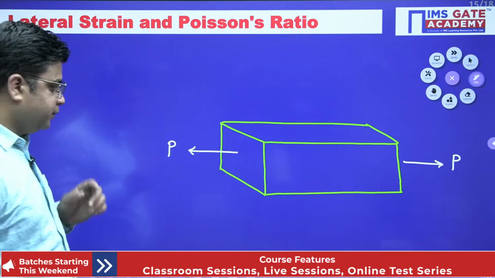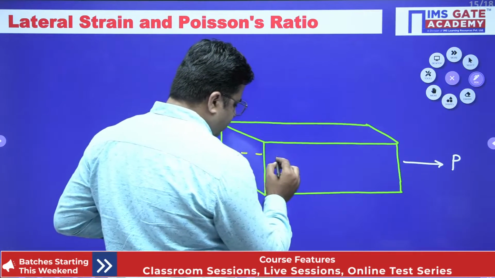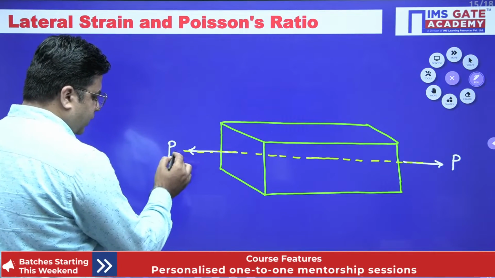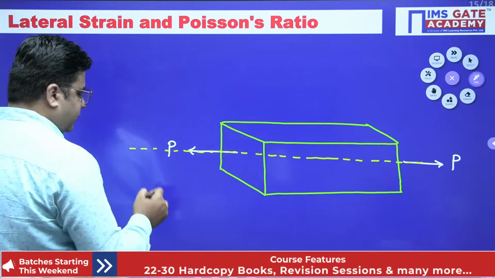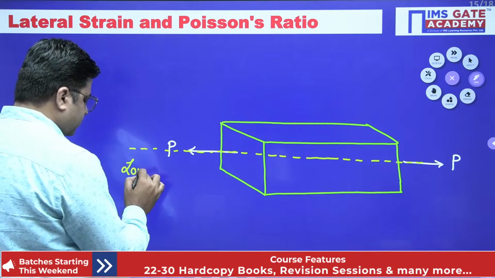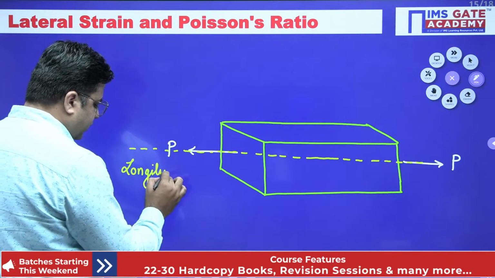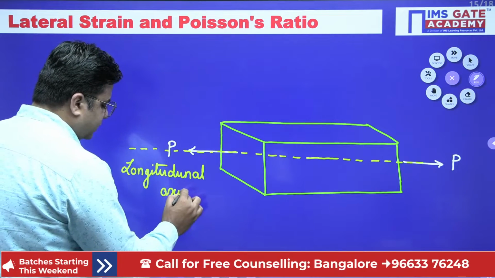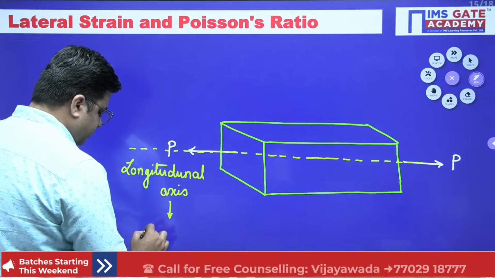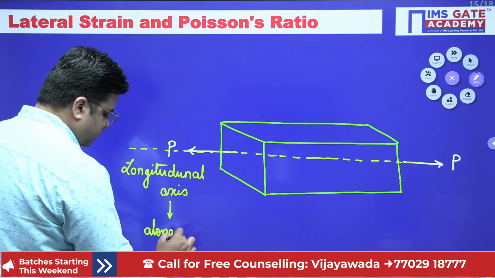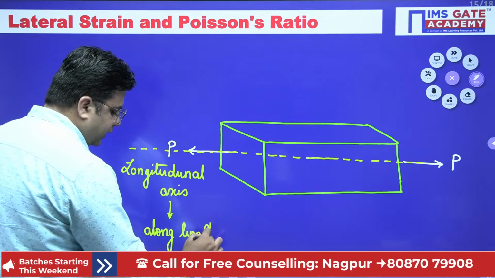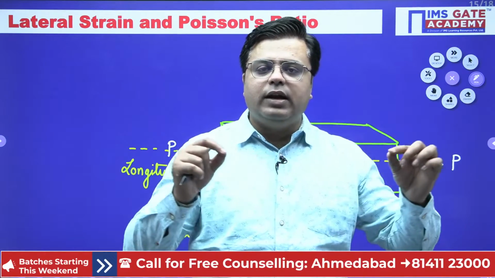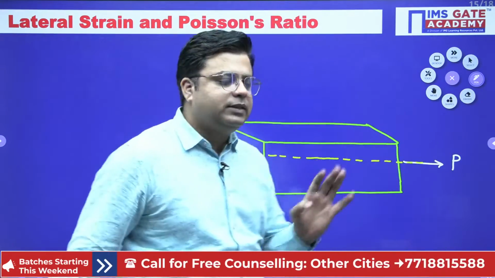But understand this. The axis which is along the length of the bar is termed the longitudinal axis, or the axis corresponding to the largest dimension is termed the longitudinal axis.